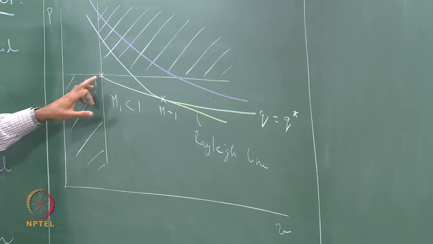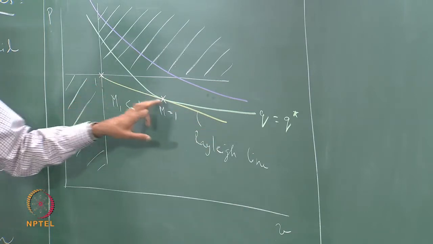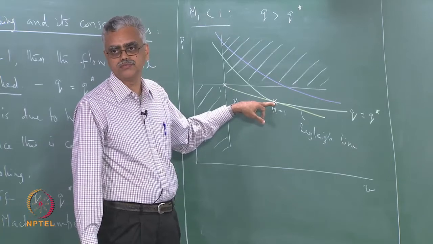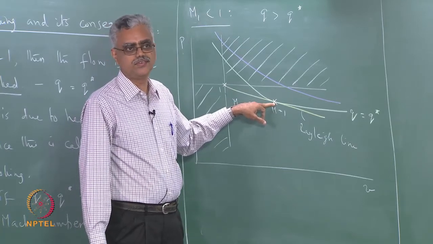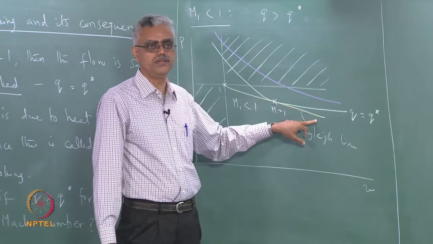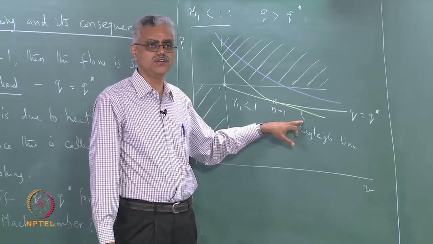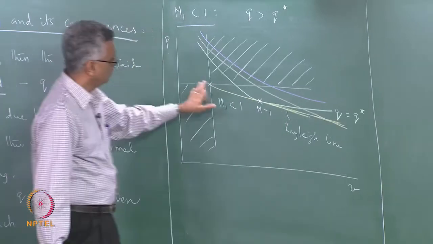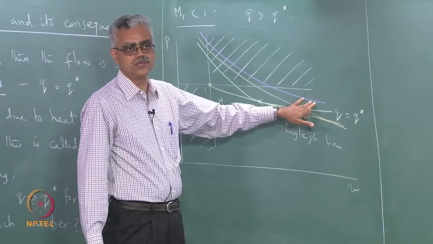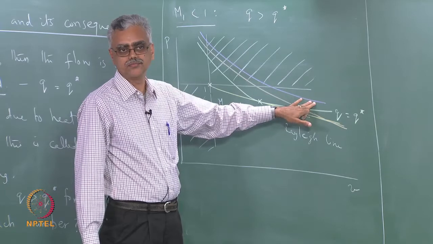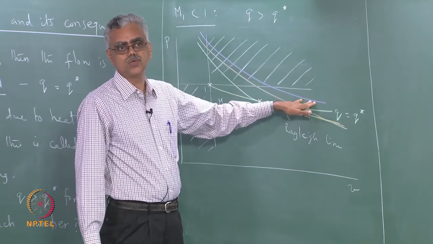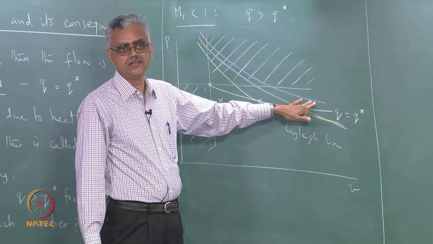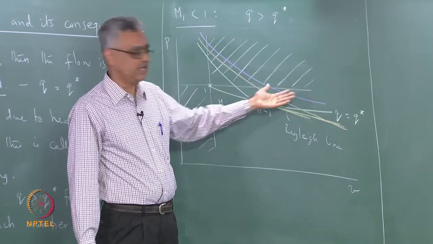You can realize that if I keep going along this line, I cannot really go past this point, because if I physically try to go past this point, I would be intersecting H curves for which the value of heat is less. So I am not removing heat. In order for me to attain this curve, there is one way I can do this, and that is to change the slope of my Rayleigh line. What if I operate on a Rayleigh line which has a lesser slope than this Rayleigh line?